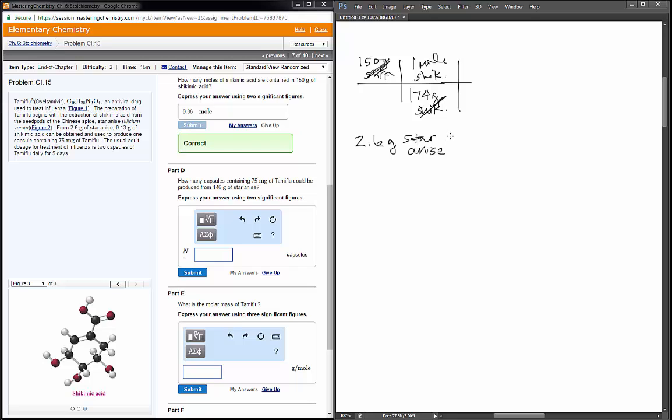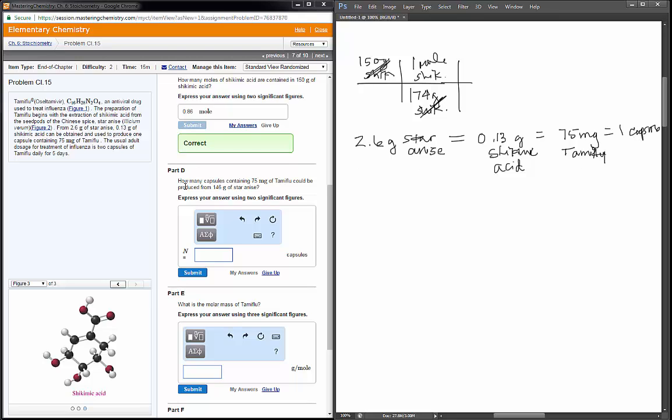For the purposes of this industrial process, we see 2.6 grams star anise is used to produce, or is equivalent to, 0.13 grams of shikimic acid. And that is used to produce, or is equivalent to, 75 milligrams of Tamiflu. And that represents 1 capsule Tamiflu.